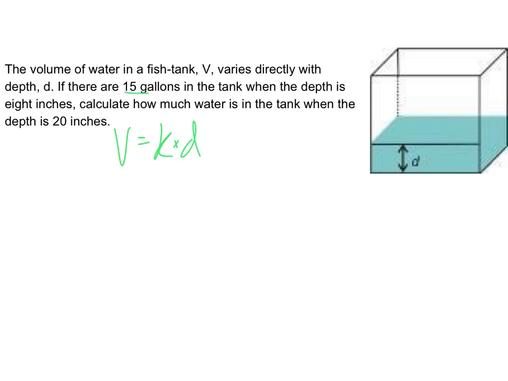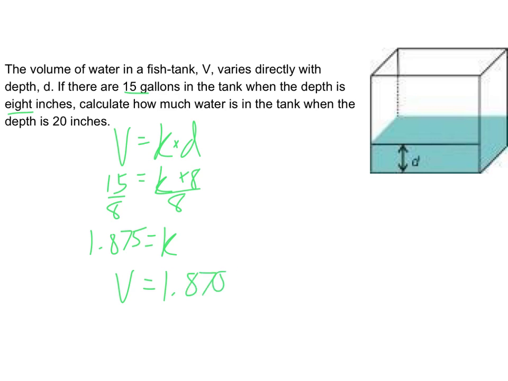And I know that there are 15 gallons when the depth is 8. So to solve for k, divide both sides by 8, and k is equal to 1.875. So our equation would be V is equal to 1.875 times D.